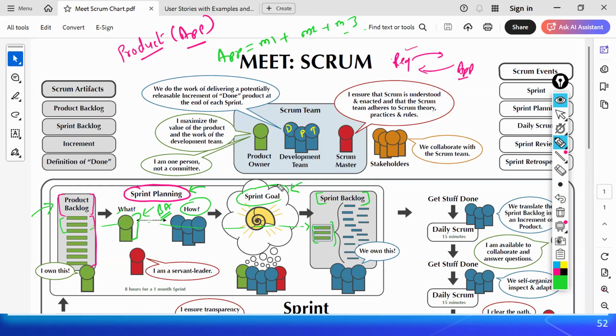So they will create these small tasks. You see, it belongs to these guys, same color. So these are basically the individual tasks to implement that. And this is the backlog that you will get. To implement these, there will be tasks created that will be done by your development team.